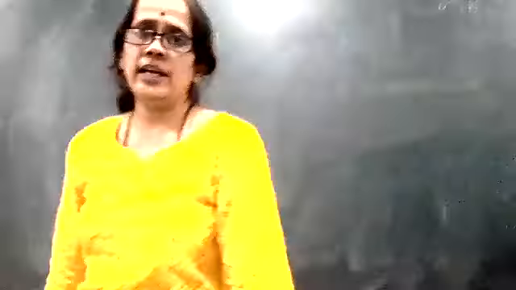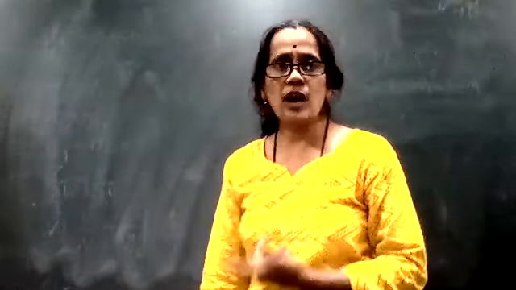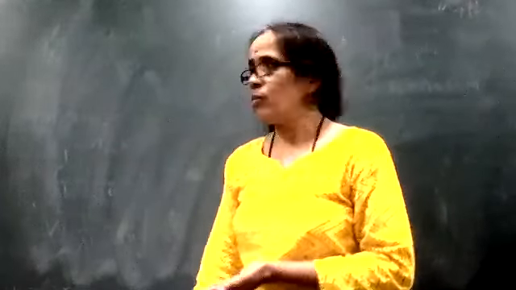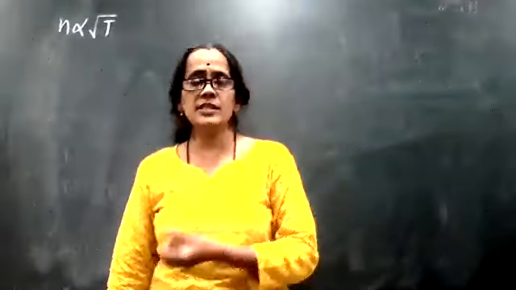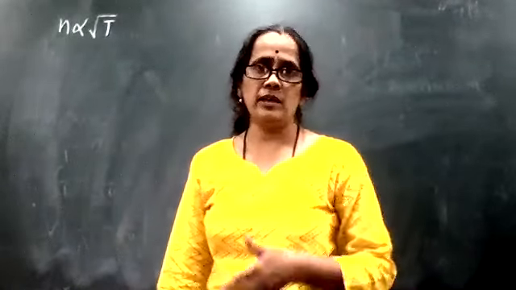Clear? You have to relate frequency and tension. In a vibrating wire, we have seen the second law, which is the tension law. What is the tension law? Frequency is directly proportional to root of T. Now this tension law you can apply.